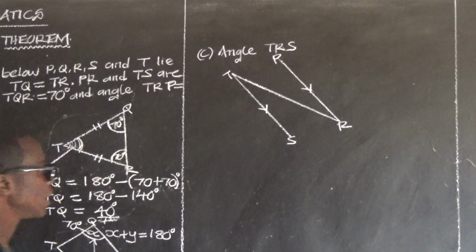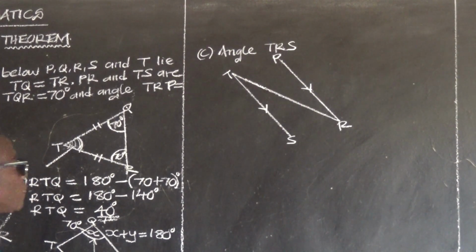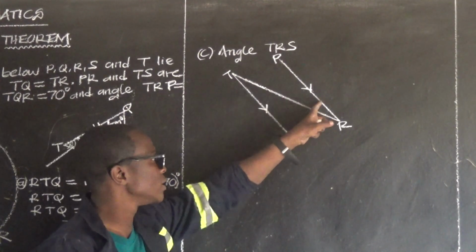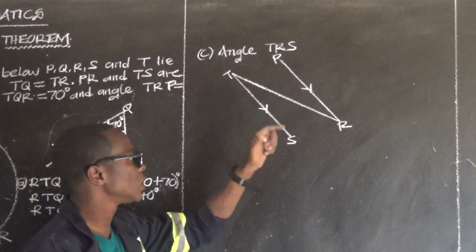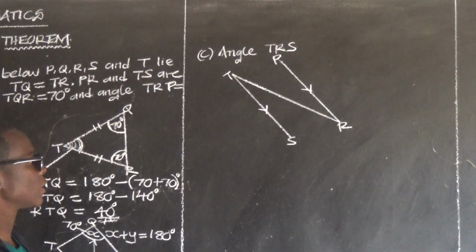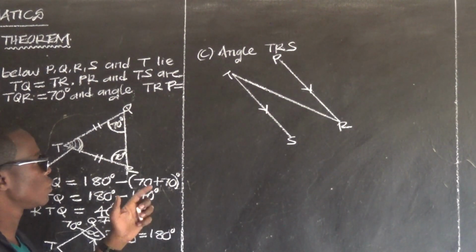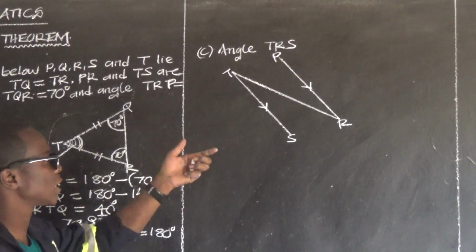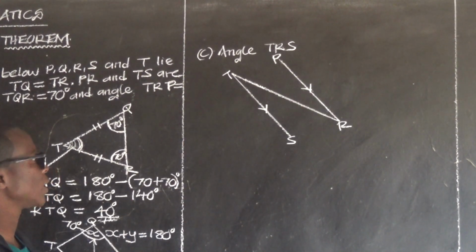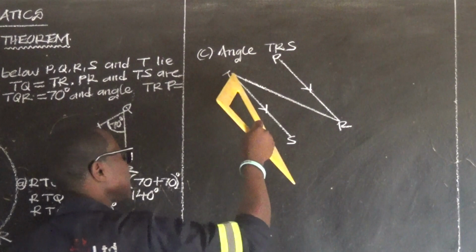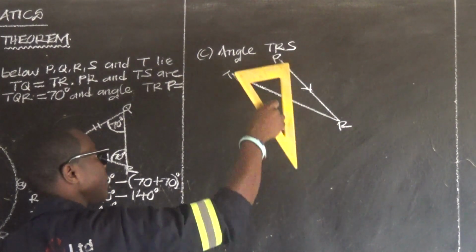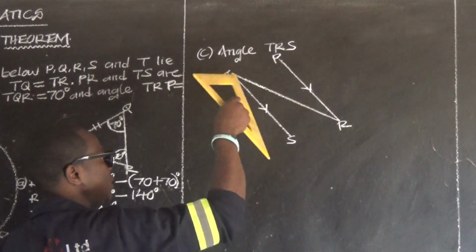Take note. And we know that if two parallel lines intersect with a transversal line, alternate angles are equal. So line TS and line P are parallel.